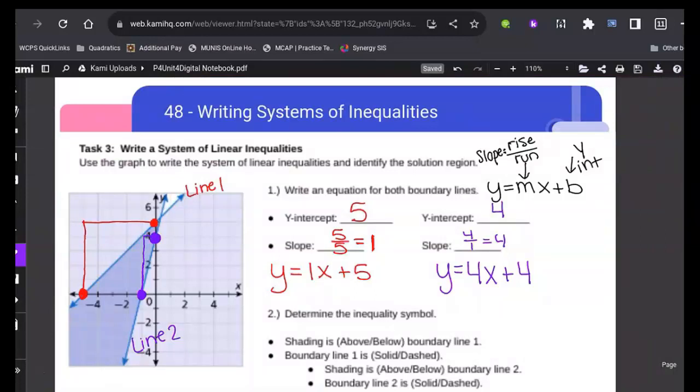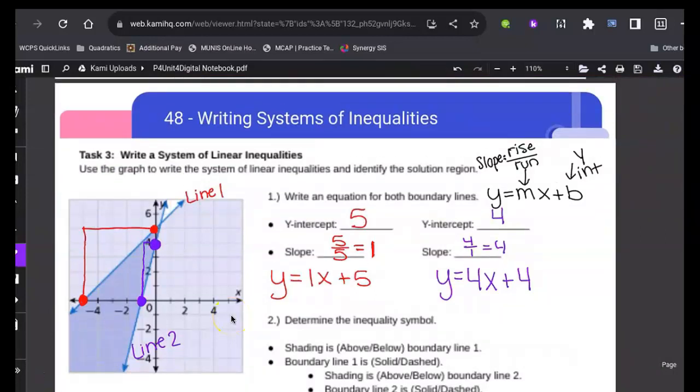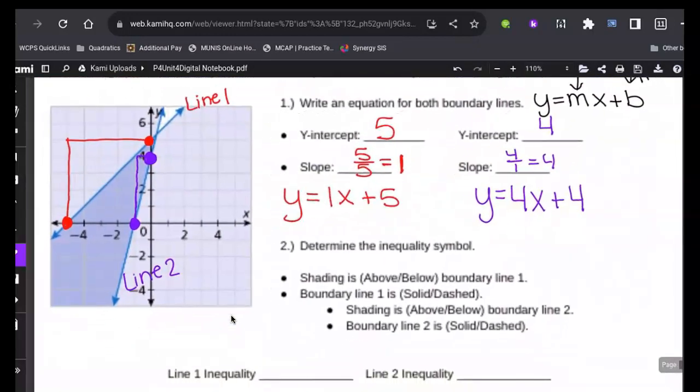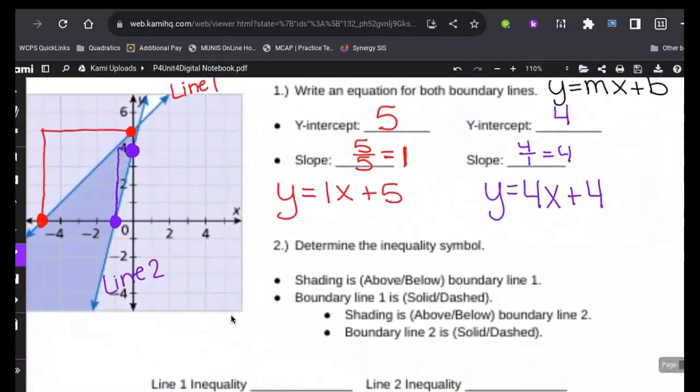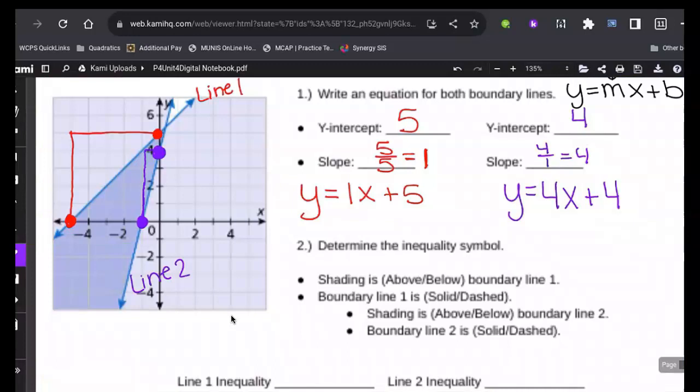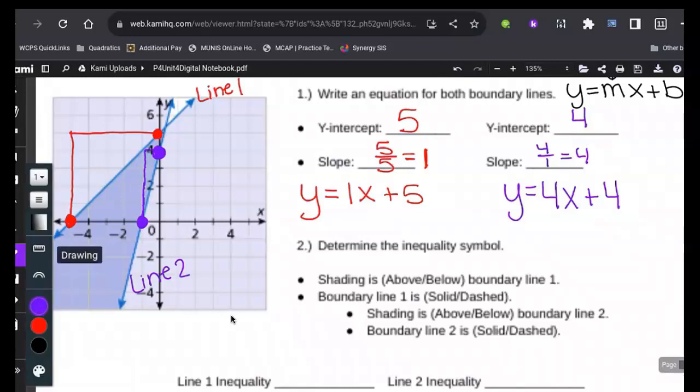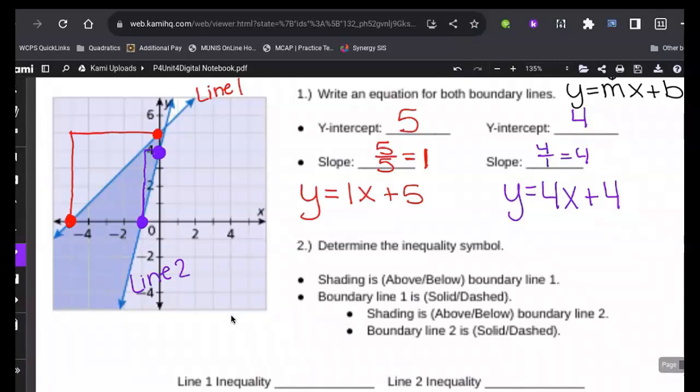All right, so once we identify the two equations for each boundary line, we're going to look at the shading and what type of line it is so that we can determine the inequality symbol. It says the shading is above or below line 1. We can see that the darker shaded region is below line 1.